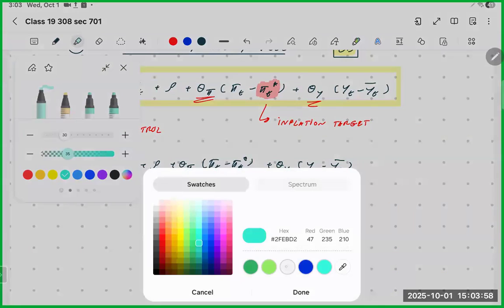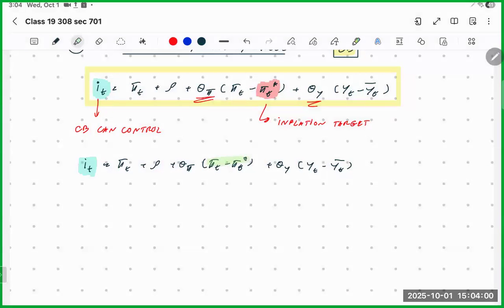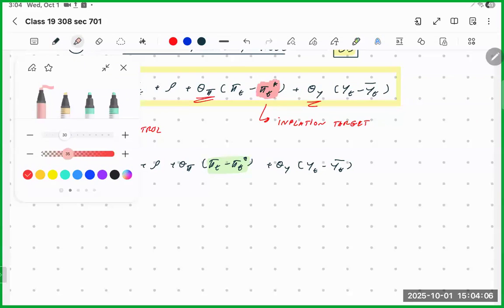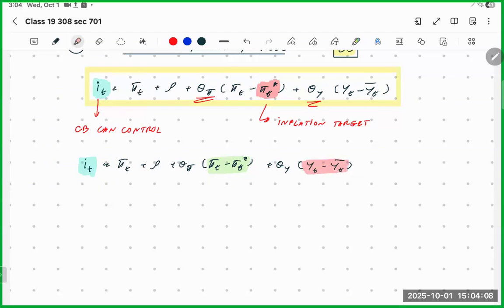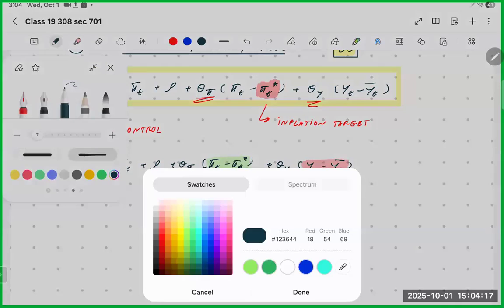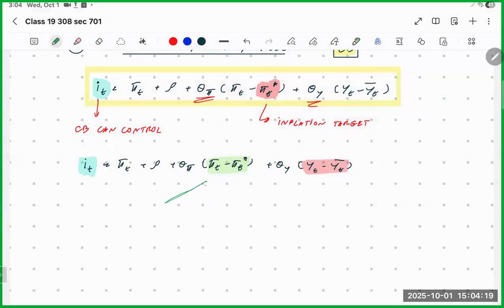The first factor is the bracket of inflation, pi t minus pi t star. The second bracket is the problem of the economy, yt minus yt bar. Okay. Starting with the first one, I use the green color.